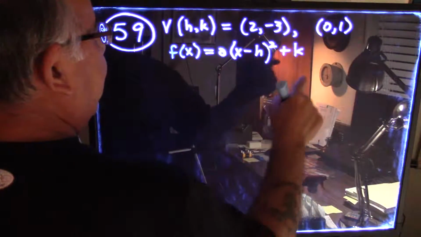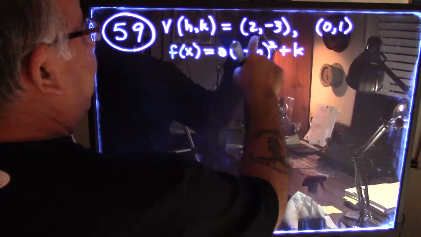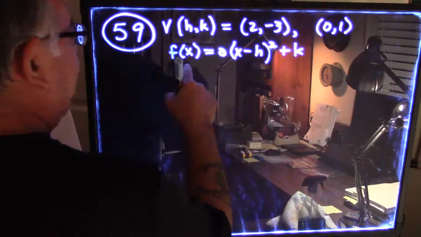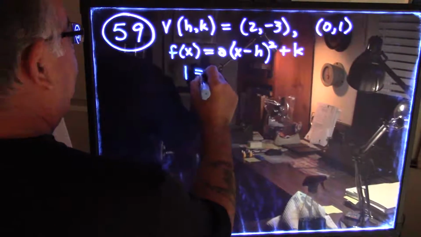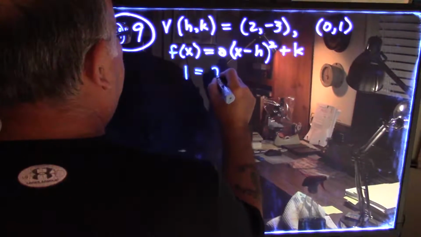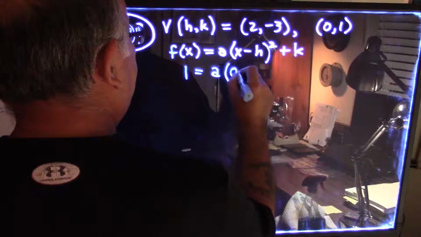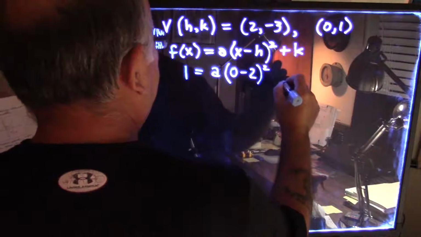So this is xy in the formula, and this is hk. So we've got 1. You let y equal f of x also, like we did before. So we have 1 equals A times the quantity 0 minus 2 squared minus 3.